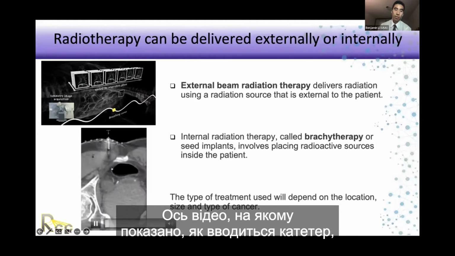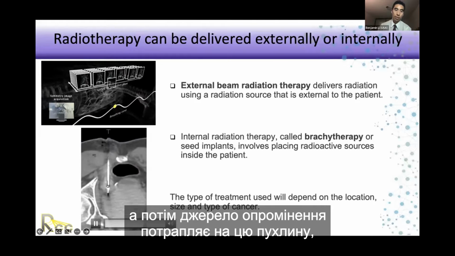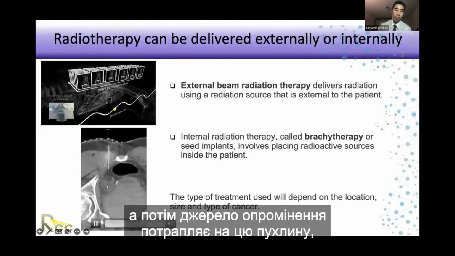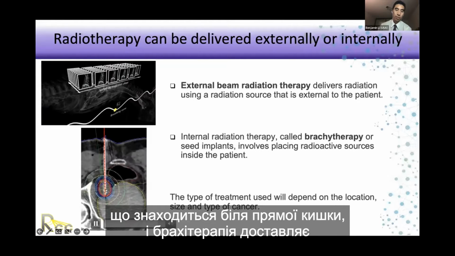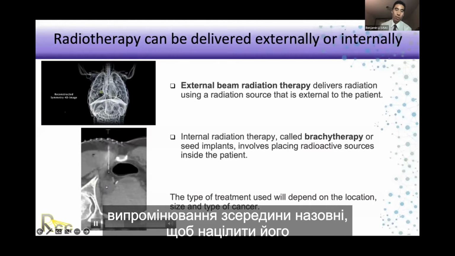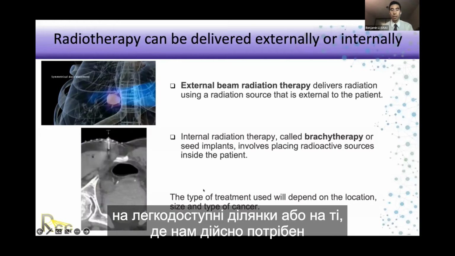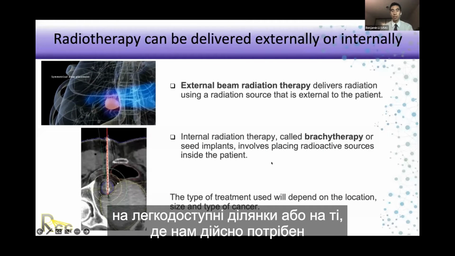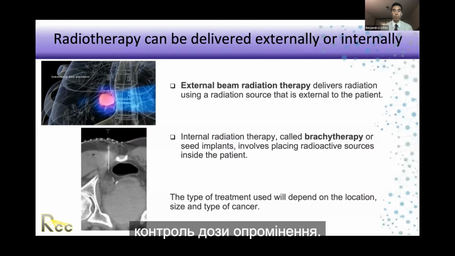Here's a video showing the insertion of a catheter and then the application of a source to hit this tumor that is near the rectum, and brachytherapy delivers radiation from the inside out in order to target areas that are easy to access or in locations where we really need a sharp dose fall off.